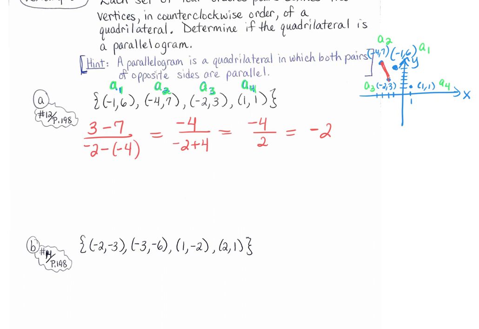So then we need to find the slope of this one. So then we would have 1 minus 6 over what? 1 minus... So this gives us what? Over 2. Are those the same? No, they're not. Okay, the slopes.